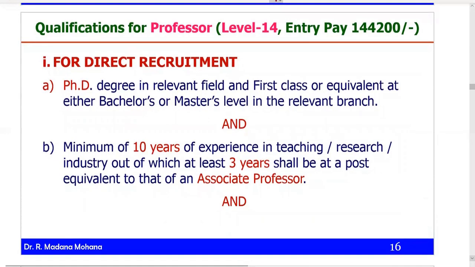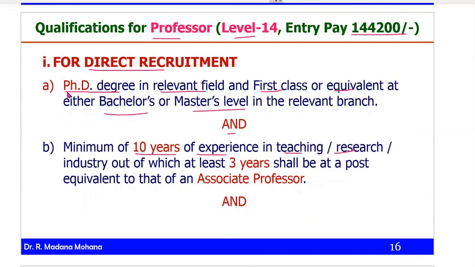So professors level is 14. The entry pay is 1,44,200. So here also 2 options are there. First one is for direct recruitment. For direct recruitment, PhD degree is a must in the relevant field and first class or equivalent at either bachelor's or master's level, and minimum of 10 years of experience in teaching, research, industry.